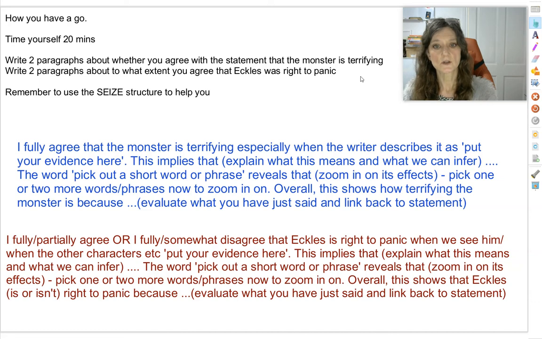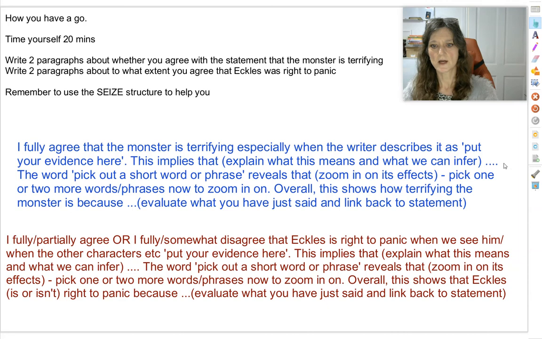Use the C structure to help you. And underneath here I've given you two scaffolds to help you word your C paragraphs. The first one, for the monster, I've just left as fully agree. If you want to disagree that the monster is terrifying, go for your life, but I wouldn't suggest it.